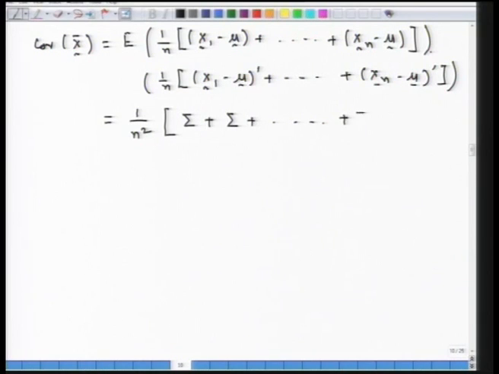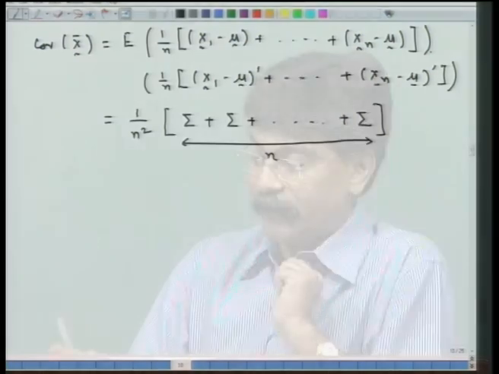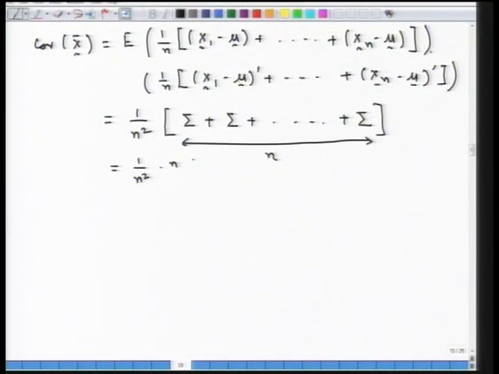So, we will have n sigma components, these are n in number, corresponding to this type of product, 1 with 1, 2 with 2, and n with n. All the cross product entries will be zeros because of independence of these components x1, x2 and xn. So, this gets us down to 1 upon n square times n times sigma matrix, and that is nothing but this sigma by n matrix, right. So, we have proved the first part of this particular result.